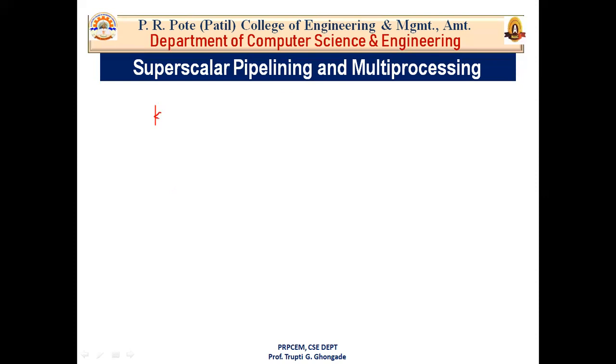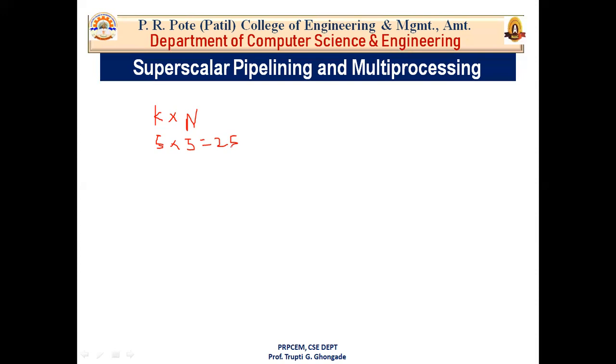The formula is K into N, the simple formula for calculating the total cycles. There are 5 stages and 5 instructions for non-pipeline. So how many total cycles are there? There are a total of 25 cycles. So the non-pipeline processor gives 25 cycles.